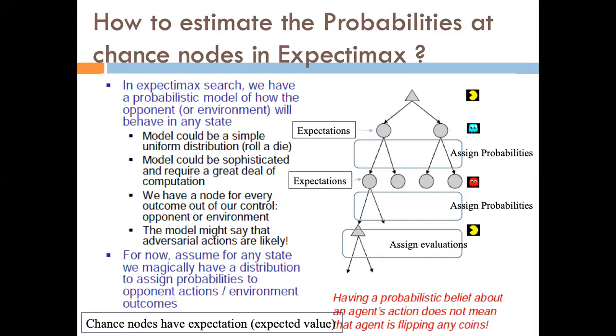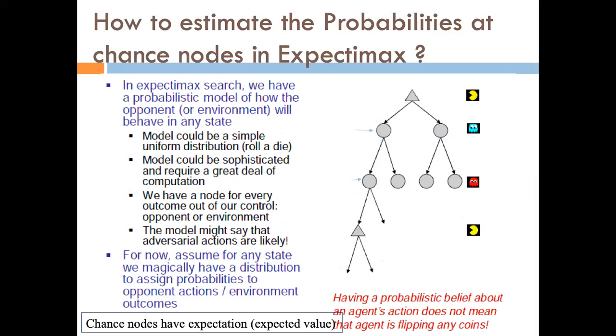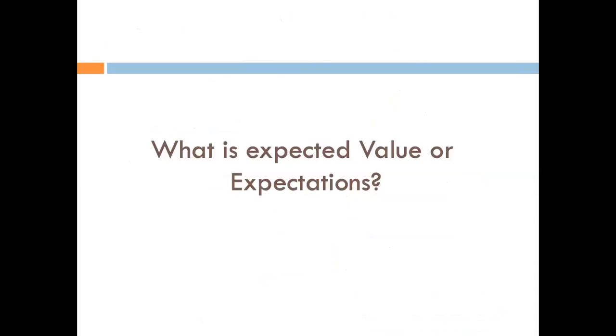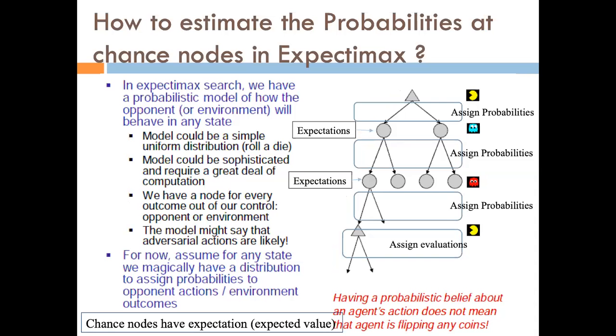Okay, so what happens in case of expecti-max is that you go all the way down to your leaf node, calculate or do some evaluations, and that's what you call assignments. So you assign the evaluations, and then those evaluations are transmitted above towards the root of the tree by calculating the expectations. So you calculate the expectations, and then finally you calculate the value at the root node. Okay.